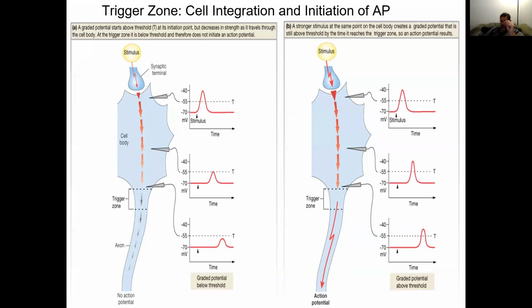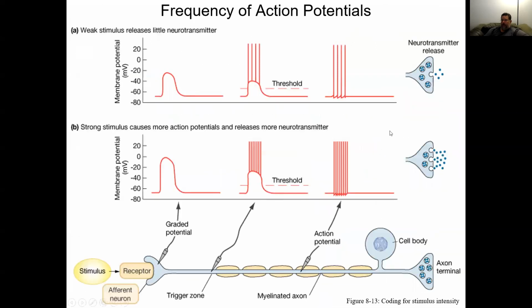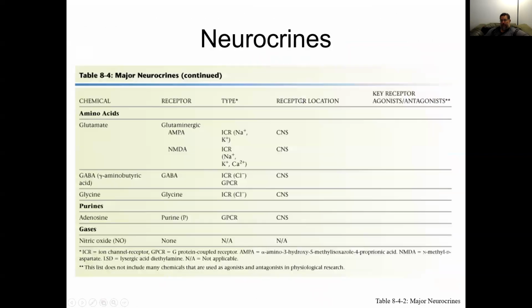And if it's really strong, you'll have more frequent action potentials traveling down the axon, like you saw in this previous picture right here. A really strong threshold results in a loss of action potentials on the lower portion. Weak graded potentials, fewer action potentials, or none, as shown in that previous picture.